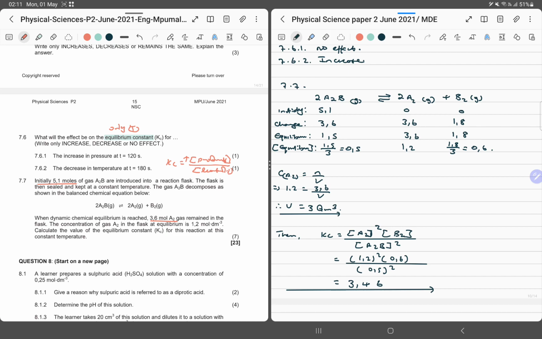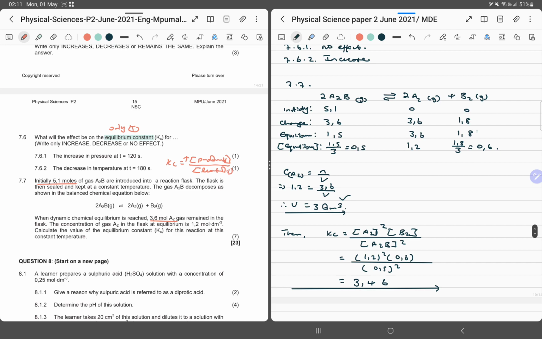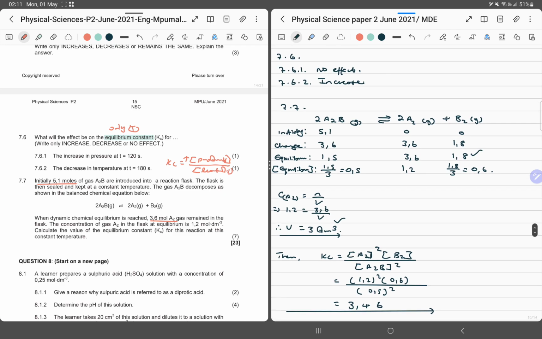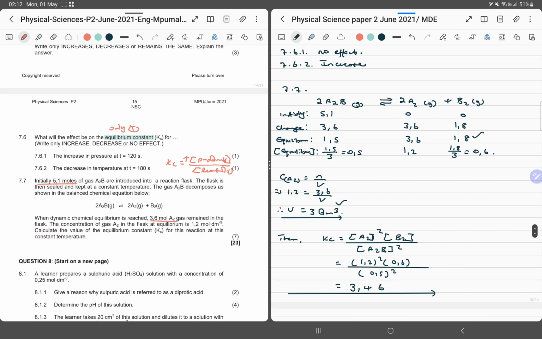So basically, of these 7 marks, in my opinion, one mark is for finding that volume, because without it, life becomes a bit difficult. And then of course, finding this number of moles here is key, and finding the number of moles at equilibrium for that gas is another mark.